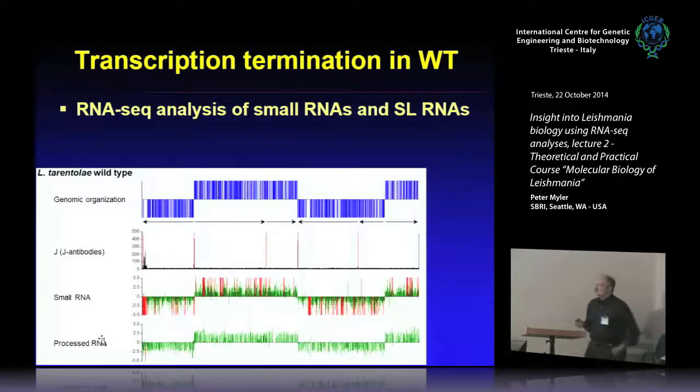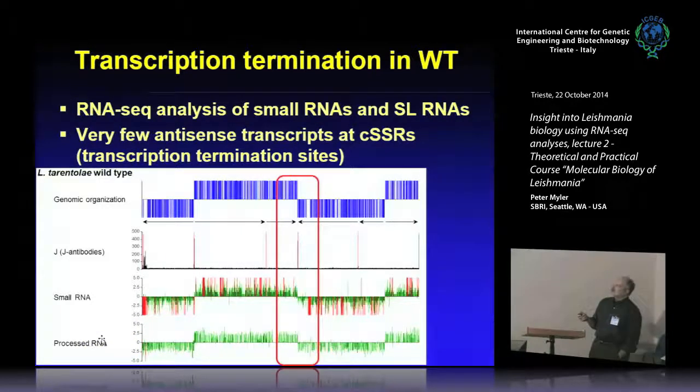So what did that do to transcription? We used RNA-seq of both small RNAs and also splice leader RNA-seq. Two different libraries were made from wild-type cells here. And when you look at the chromosome scale, what you find is that in wild-type cells, there are very few antisense transcripts, particularly in the small RNA.